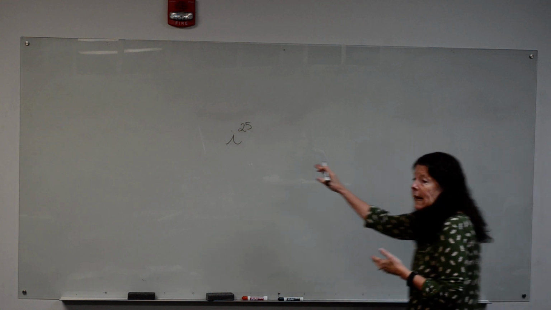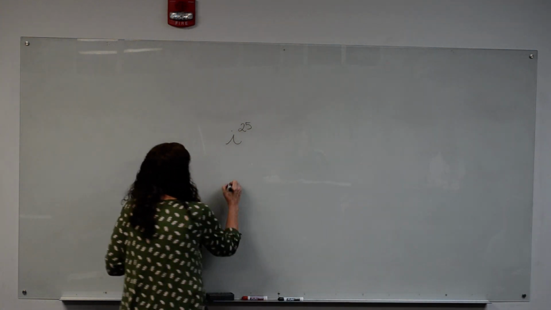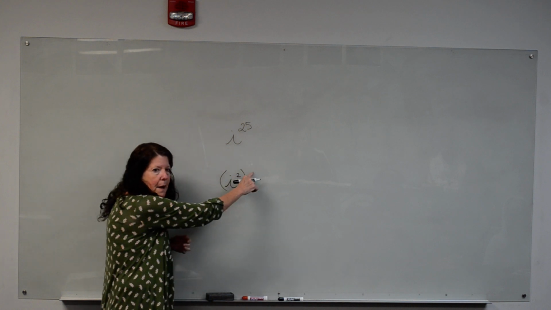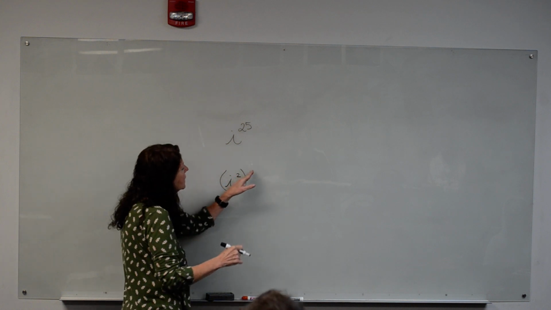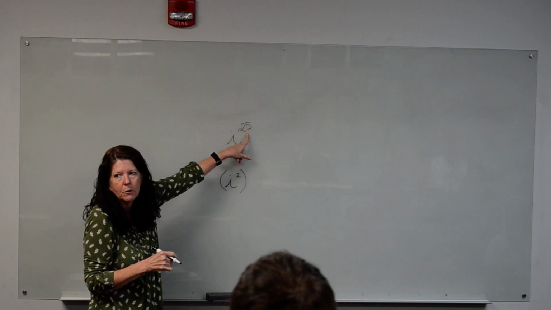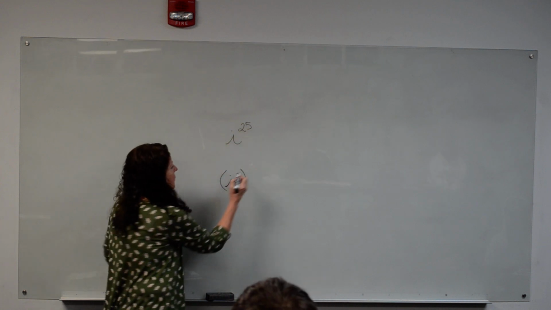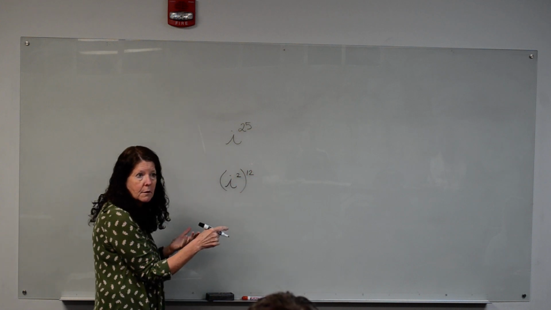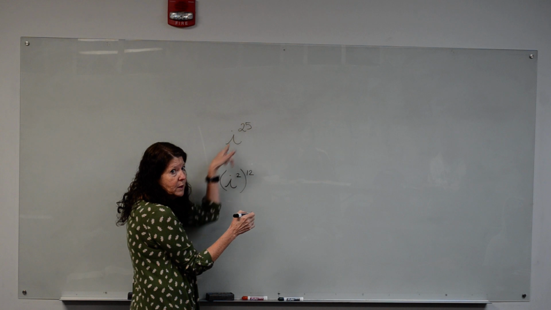So I'm going to write this in terms of i squared, remembering you have a power raised to a power. What can I multiply by 2 to get as close to 25 without going over it? 12, because 2 times 12 is 24. But I have 25 i's.